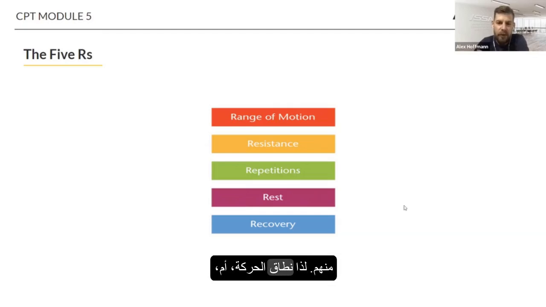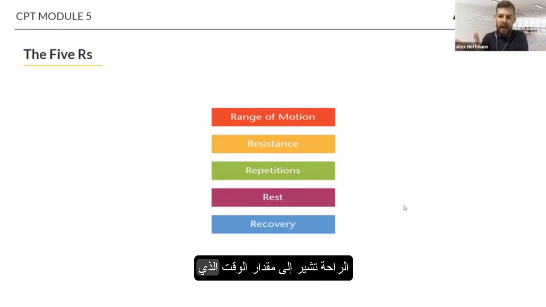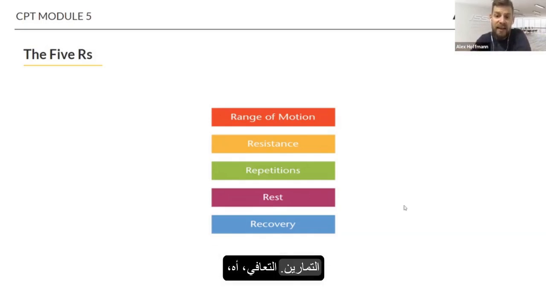So range of motion, resistance, repetitions, rest, and then recovery. Recovery is slightly different from rest. Rest is referring to how much time we're taking in between sets of exercise.